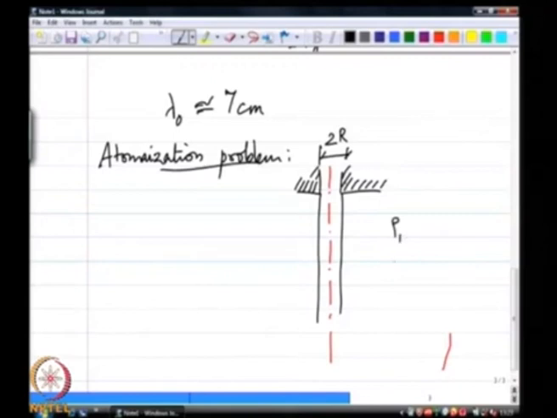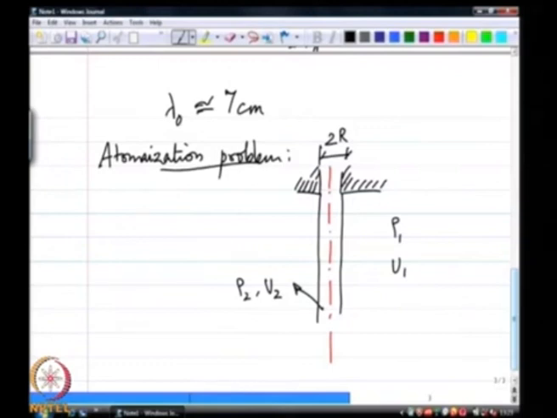I am going to assume rho 1 and u 1 are the density and velocity of the fluid outside, rho 2 and u 2 are the density and velocity of the liquid itself.